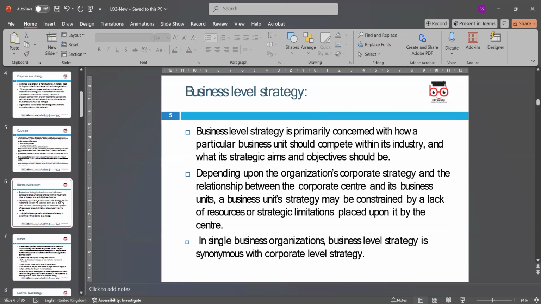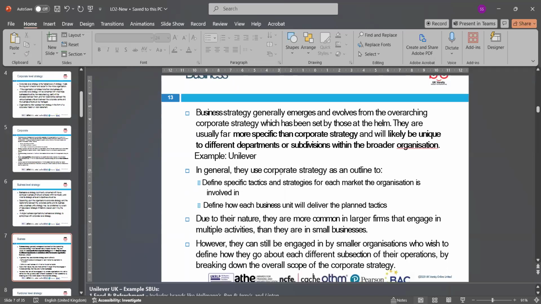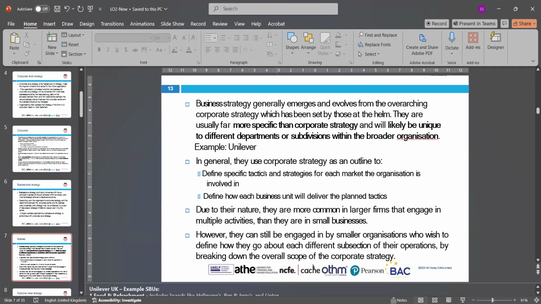Now, when we talk about the business level strategy, it is more specific than corporate level strategy. As I already explained, it is unique to the different department or subdivision. I have given the example of Unilever already. At the business level, you need to define specific tactics and strategies for each market the organization is involved in.